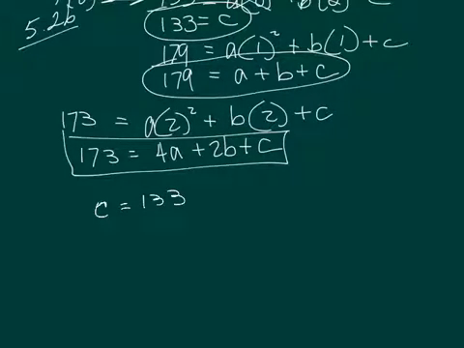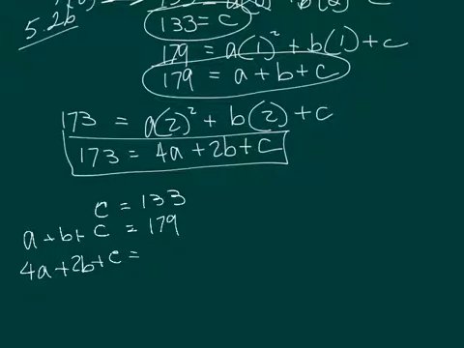I've got a plus b plus c equals 179. And I have 4a plus 2b plus c equals 173. So there are my three equations.